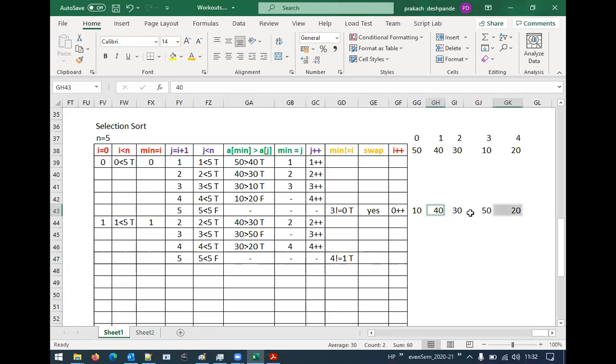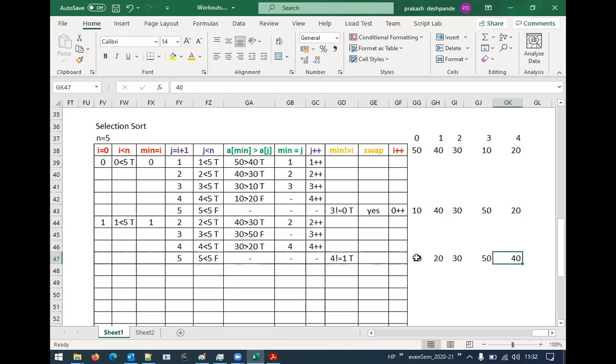Now if you pay attention here, out of these 4 numbers, which was the smallest number? 20. That 20 we should place at the beginning here. So 20 will come here. Now here we get 20, and here we get 40. The remaining elements will remain as they are. Understood?